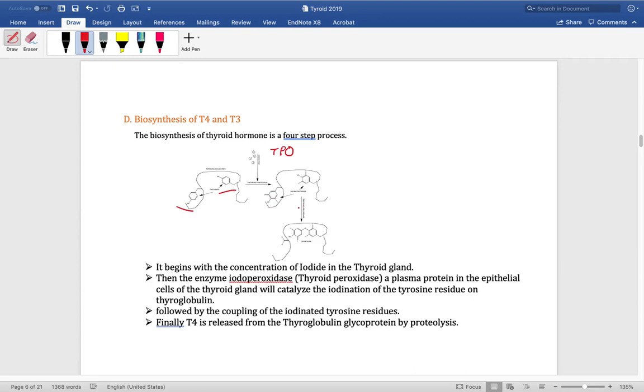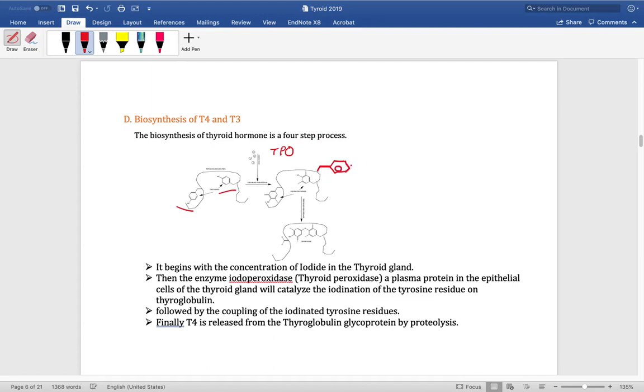Okay. Now you are going to have diiodotyrosines. You're also going to have formation of monoiodotyrosine.